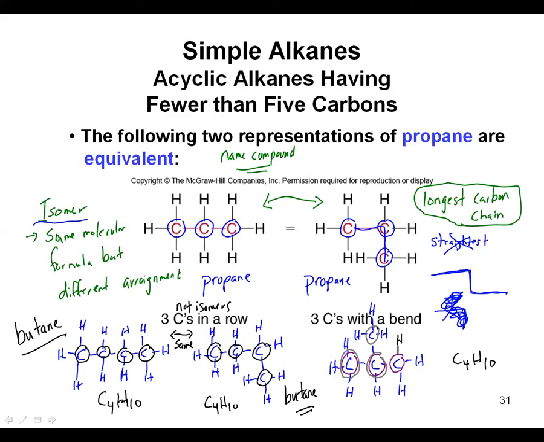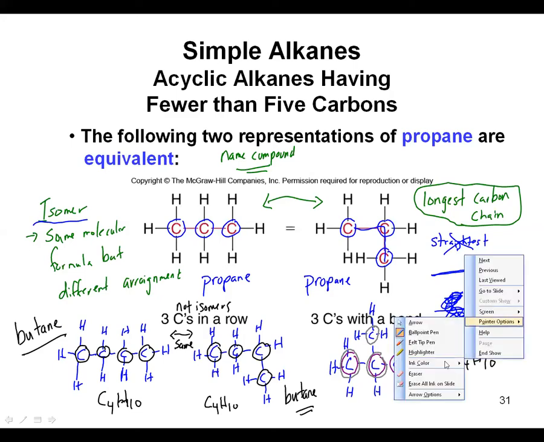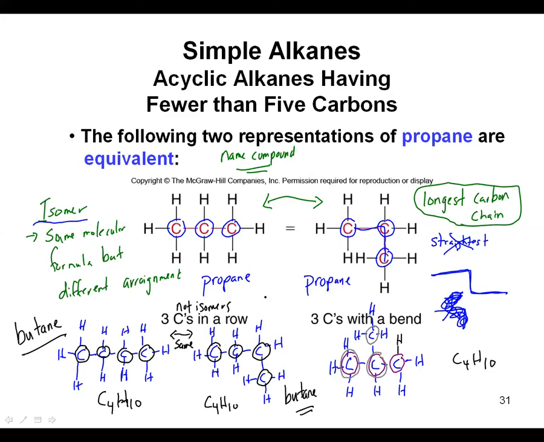So now when we go to name this, this is based off of not 4 carbons as the longest carbon chain, but it's based off of 3 carbons. And if you remember back to our 10 alkanes, something with 3 carbons is propane as the base of the name.